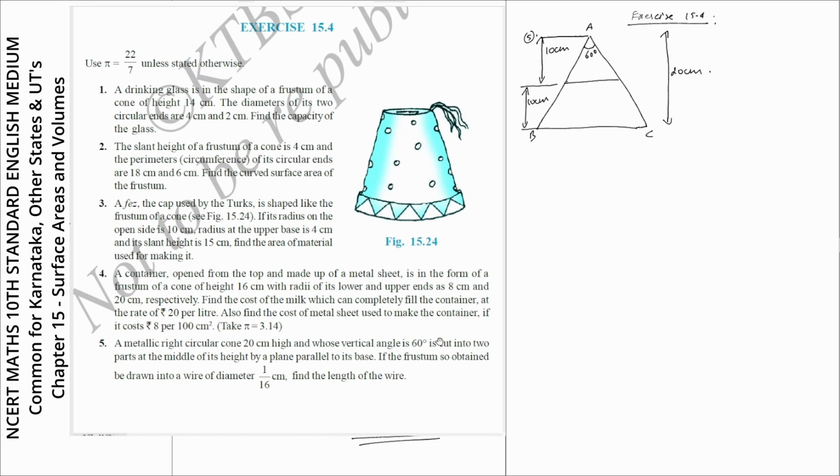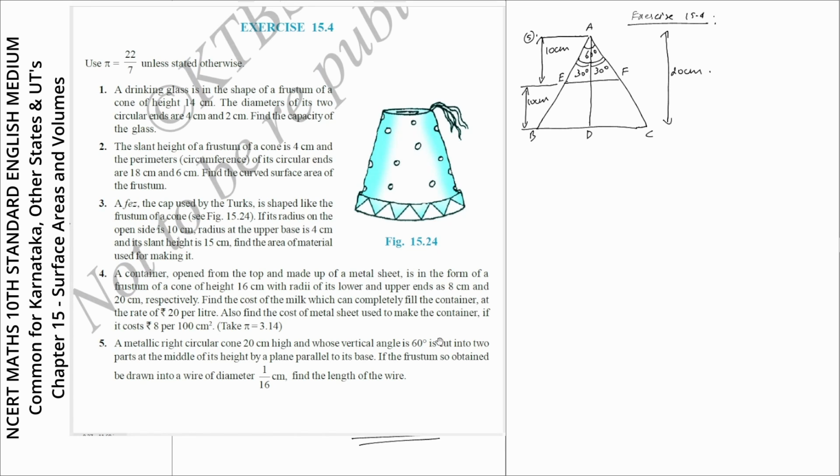Now at A, if I draw a perpendicular to the base, this angle will be equal to 30 degree and this angle will be equal to 30 degree. Now I will mark this point as D, this point as E, and this point as F.